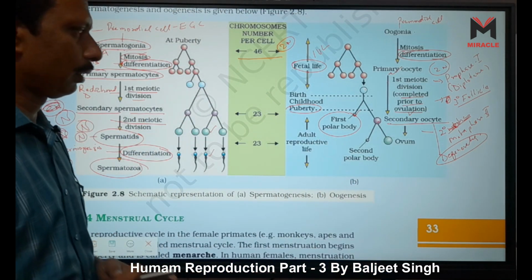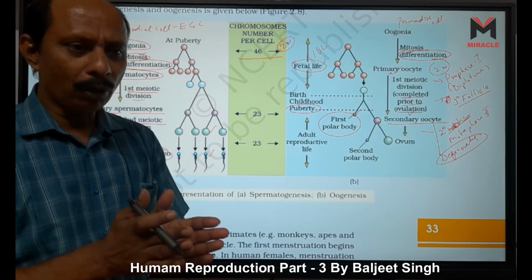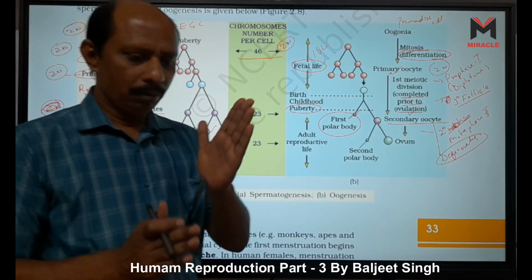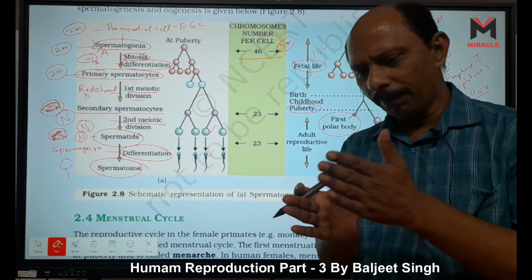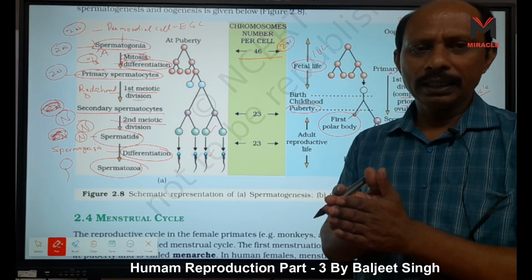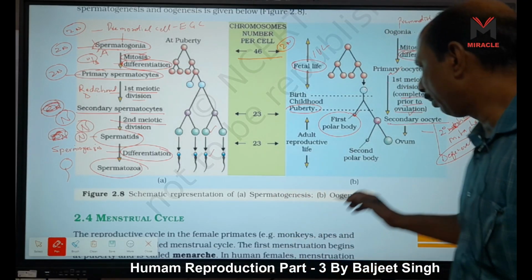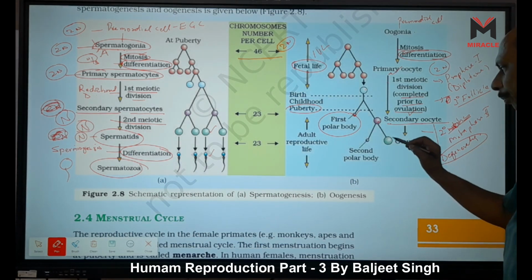It degenerates, right? And if fertilization occurs, then what happens? At the time of syngamy, when the plasma membrane of the sperm and the plasma membrane of the oocyte fuse with each other, at that time, what happens? This second meiosis completes, right? And when the second meiosis completes, what does that mean?